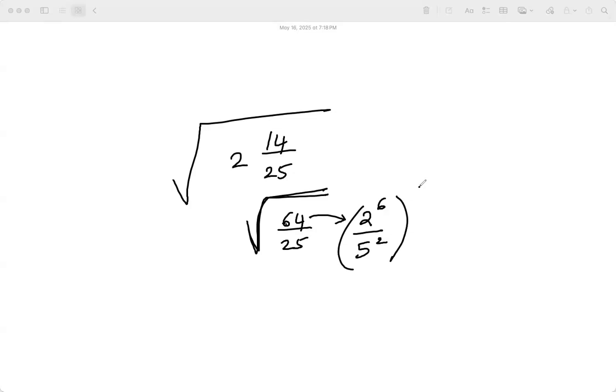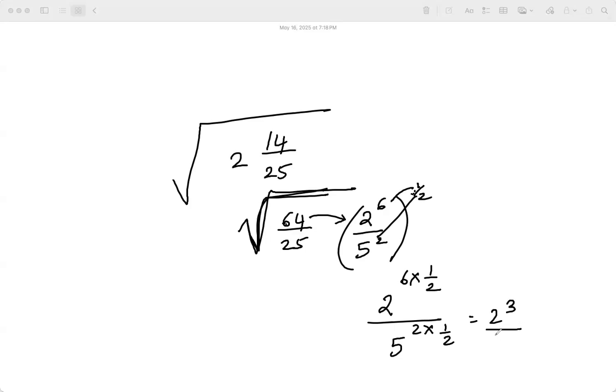What will be the exponent? 1/2. Radical is converted to a fractional power. Now this half power applies to both. 2 power of 6 times 1 by 2 divided by 5 power of 2 times 1 by 2, which is 2 power of 3 by 5, 8 by 5. You get it?